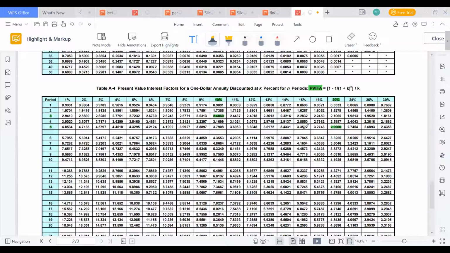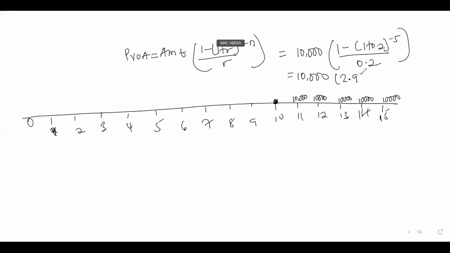If you want to, you can punch everything in the bracket and it will give you this figure, but I read the table. If you multiply this by 10,000, you get... oh, I didn't punch it well. It's 29906, rather, sorry.